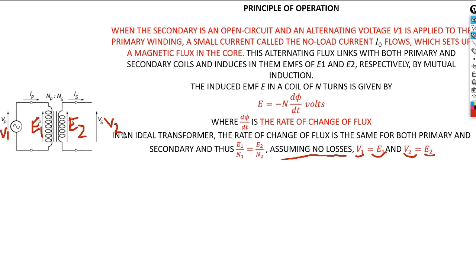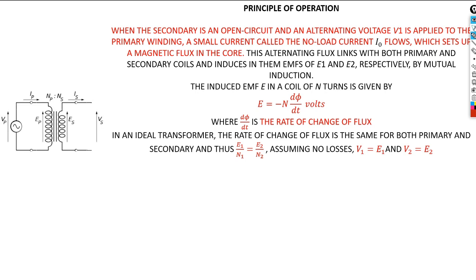So because our transformer is ideal, we're going to assume that if you supply 220 volts there, I'm going to induce 220 there. So if, for instance, my secondary winding cuts the flux and induces a voltage of 110, that 110 will be the voltage across my load as well. So that's what happens when we're dealing with an ideal transformer.